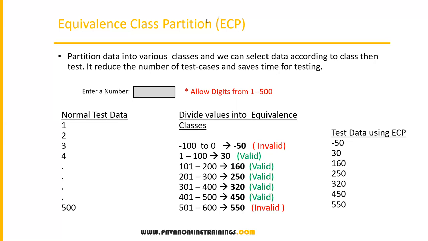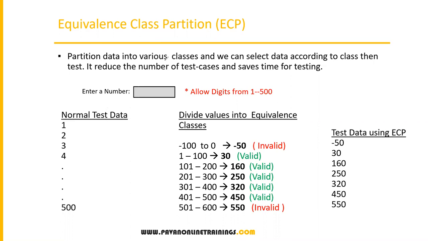Now let us see how we can use the equivalence class partitioning technique to test this, or to prepare the data. In equivalence class partitioning, as a first step, we will divide the entire data into multiple classes, or we can say partitioning.